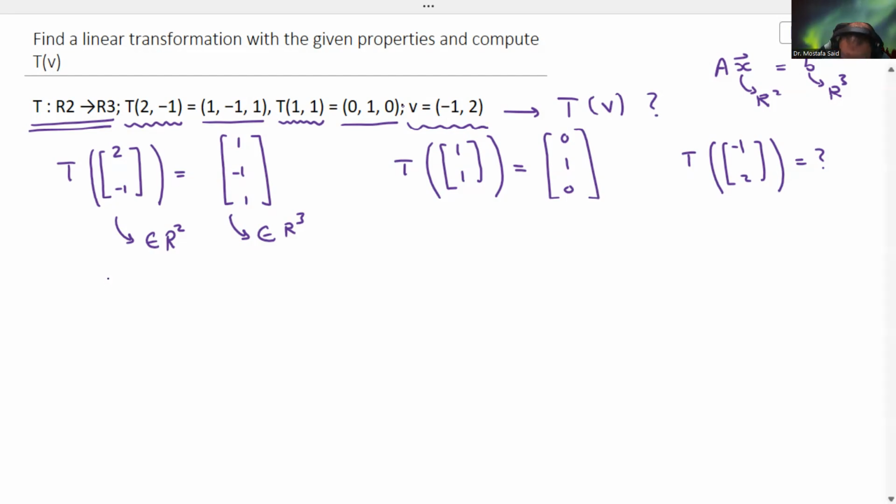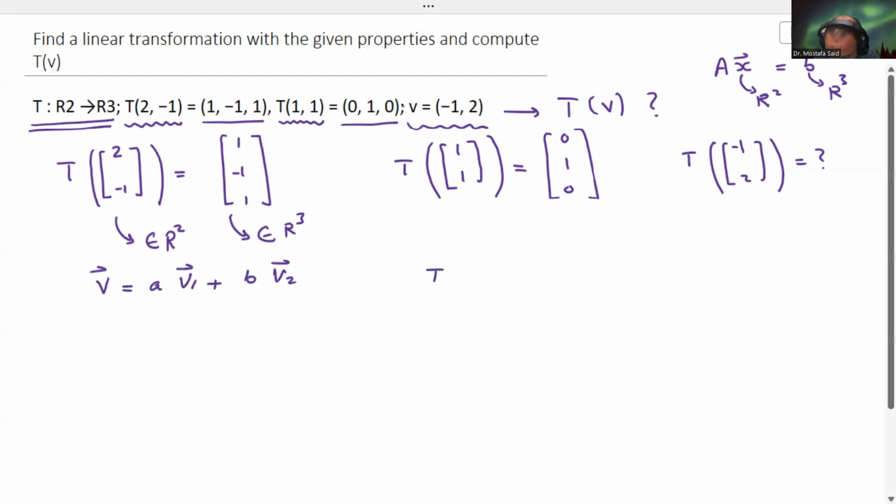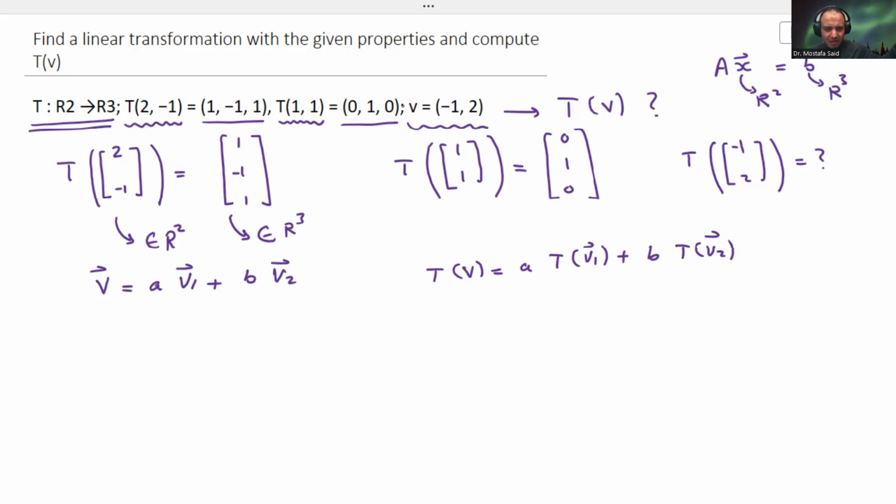So if we know that v equals some constant, for example, A multiplied by v1 plus another constant B multiplied by v2, where v, v1 and v2 are all vectors, then the linear transformation of v should equal A times the linear transformation of v1 plus B times the linear transformation of v2. And of course, A and B can be any number that belongs to R.